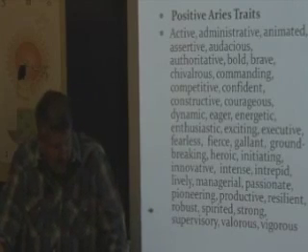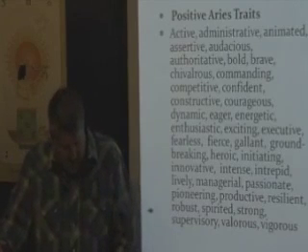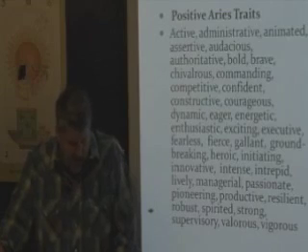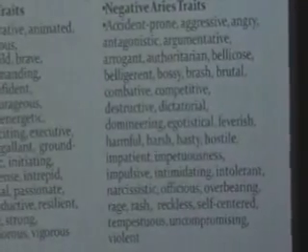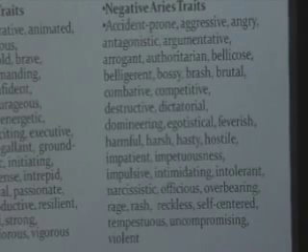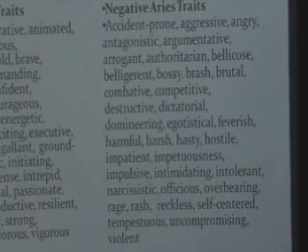Accident-prone, aggressive, angry, antagonistic, argumentative, arrogant, authoritarian, bellicose, belligerent, bossy, brash, brutal, combative, competitive, destructive, dictatorial, domineering, egotistical, feverish, harmful, harsh, hasty, hostile, impatient, impetuous, impulsive, intimidating, intolerant, narcissistic, officious, overbearing, rage, rash, reckless, self-centered, tempestuous, uncompromising, and violent are all qualities.